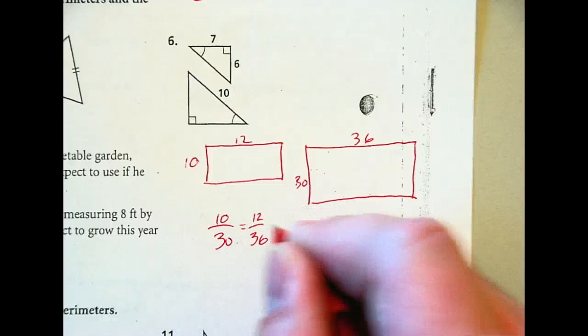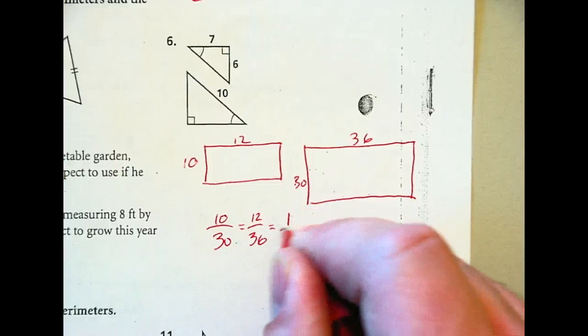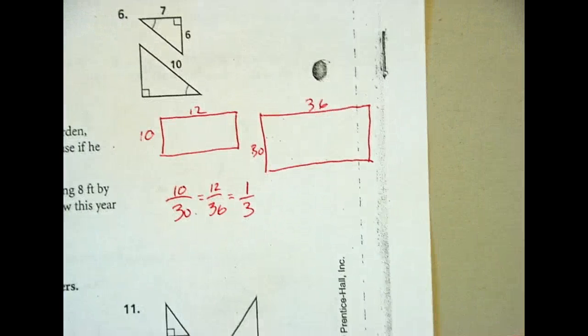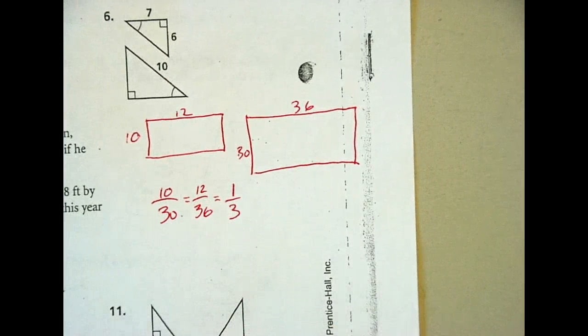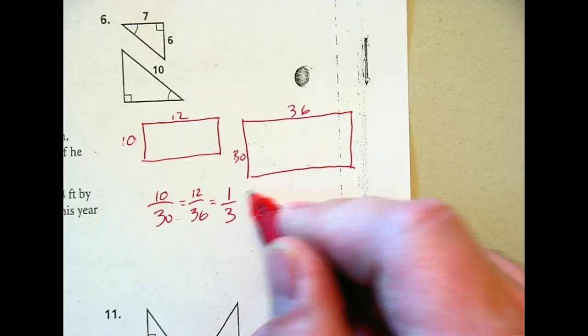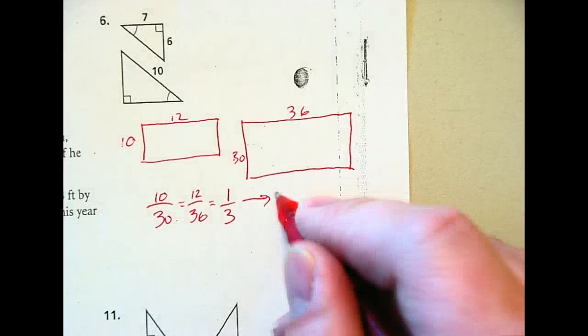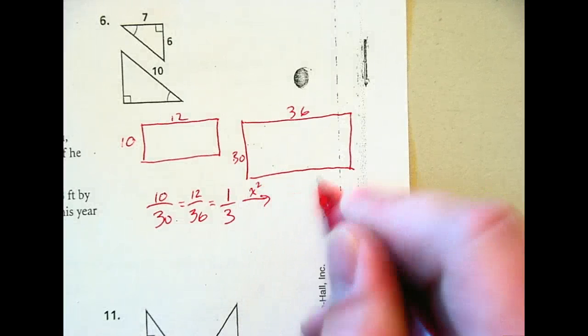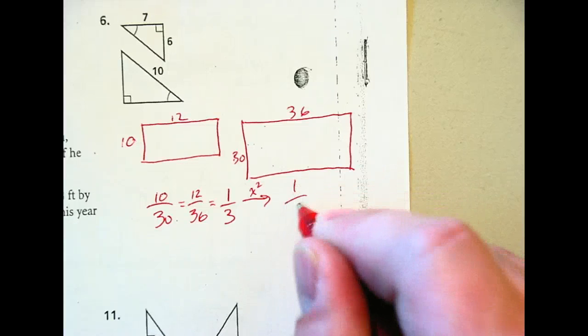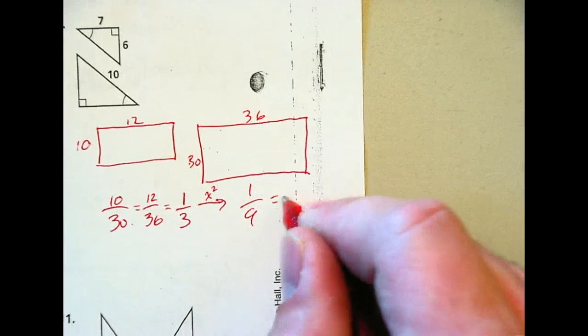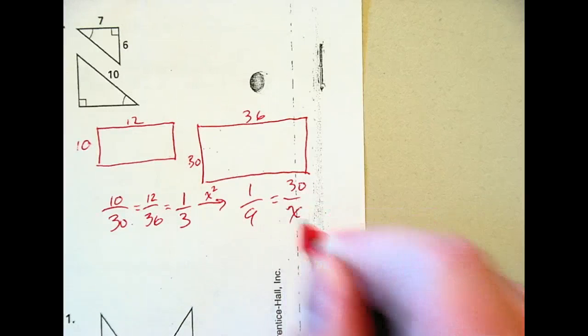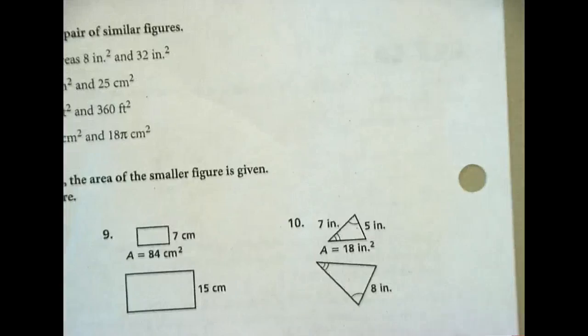They both reduce to 1/3. Oh, well, can I finish this one? Because I'm right in it. So from here we go to area ratio. So we square it. So it becomes 1 over 9. And then we get 30 over x. Okay? Whatever.